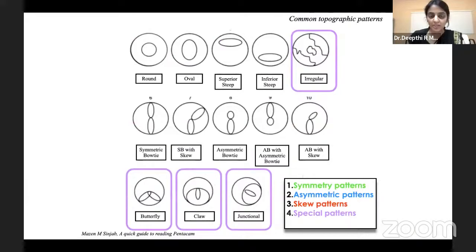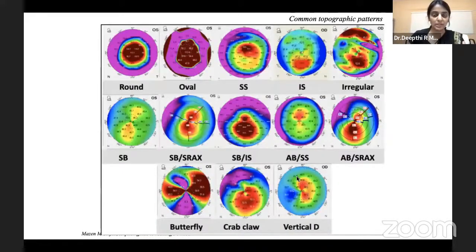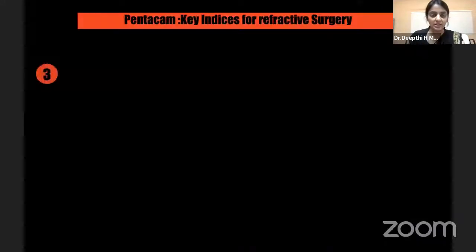There are a lot of other patterns which have been described, but these are generally seen after the irregularity is pretty significant and there's a keratoconus. It is very unlikely to have these in early FFKC, but these are patterns you have to be aware of. One important pattern is the vertex pattern, which could be an early sign you'll have to look at. This is how the same patterns look on the Pentacam.